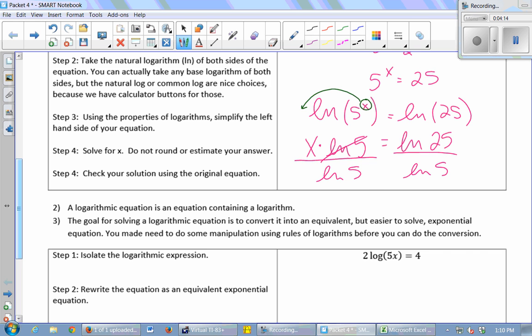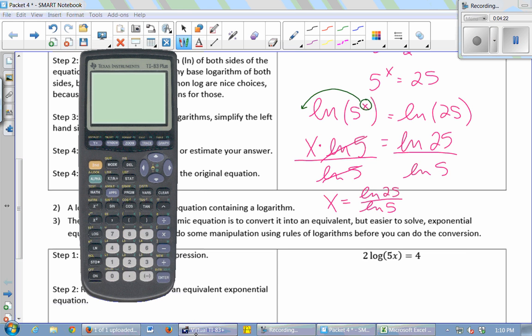So the ln 5s cancel, and I get x equals ln 25 over ln 5. I'll put that in my calculator because I have an ln button. Let's see what I got here. Ln 25 divided by the ln of 5, and I get 2.